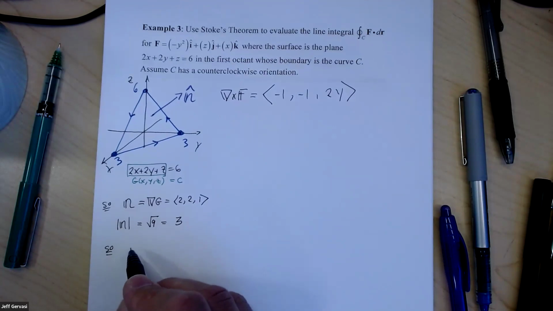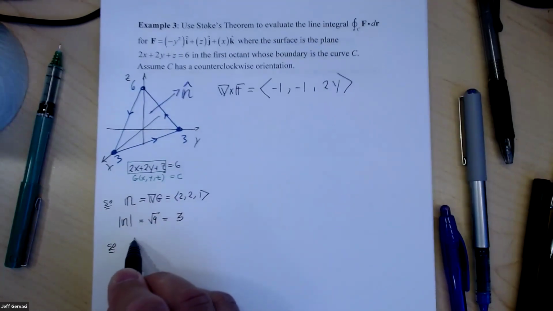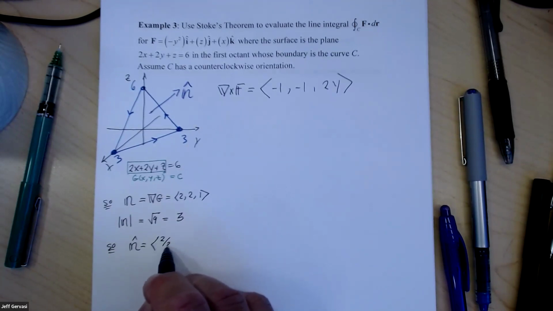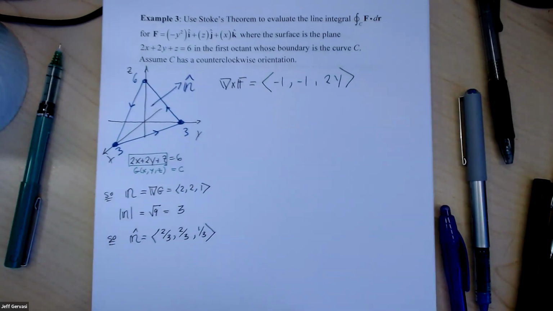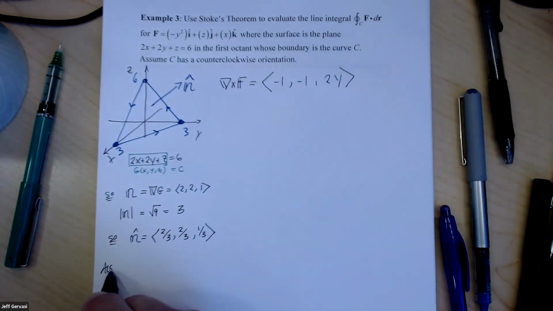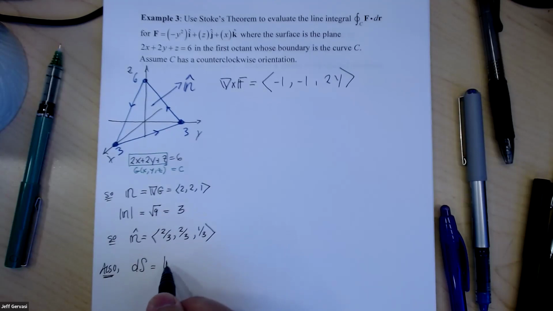Okay, so our unit normal vector n will be this. Also, the differential element of surface area, dS, is equal to the magnitude of n, dA, which we just found right here.